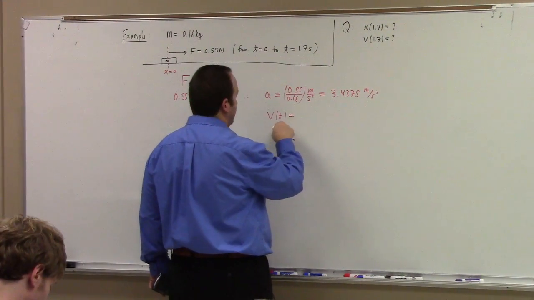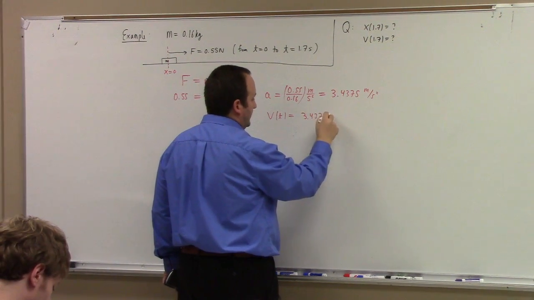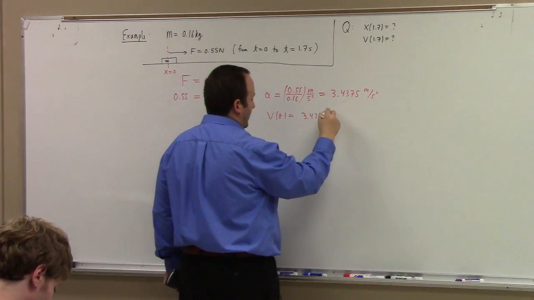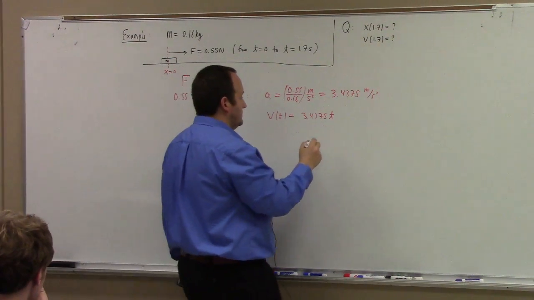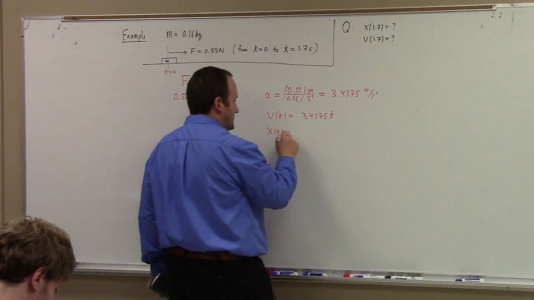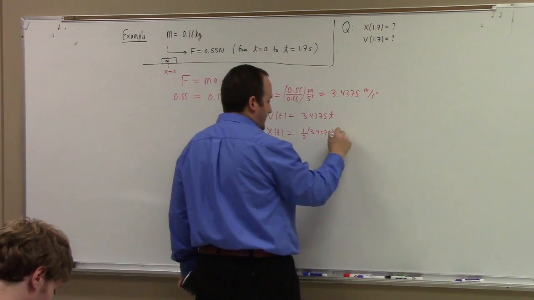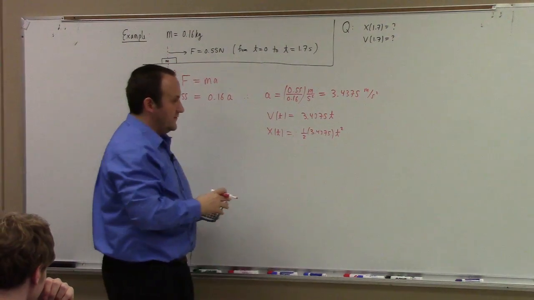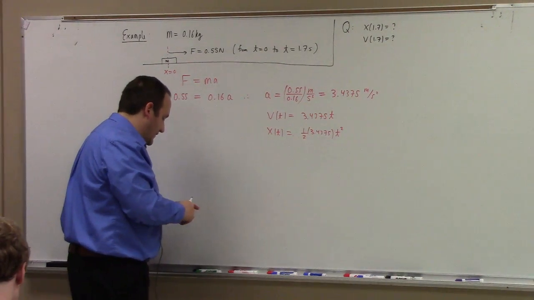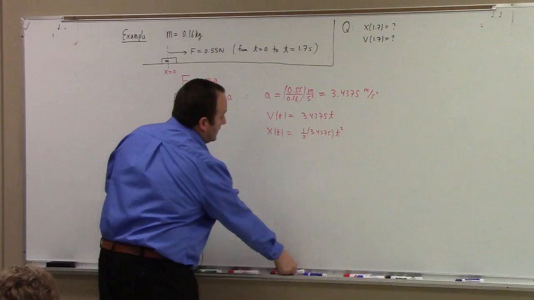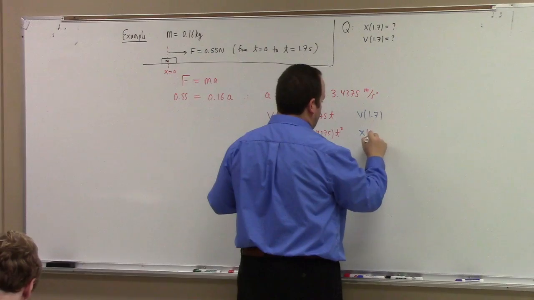But v of t would be 3.4375 times t, and x of t will be 1/2 of 3.4375 times t squared. So all you got to do is plug in. This is using the kinematic equations with the initial position and the initial velocity 0. So then we just have to plug in 1.7 and 1.7. What do we get?